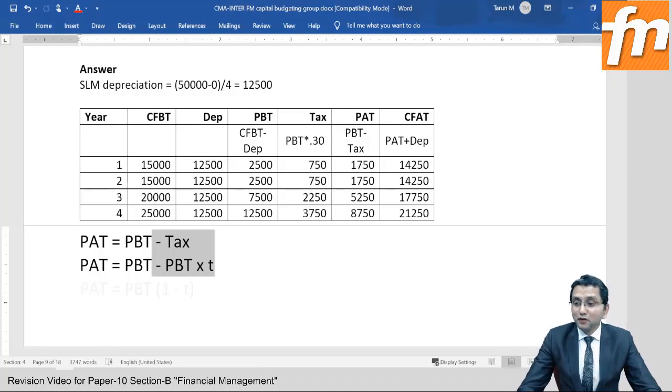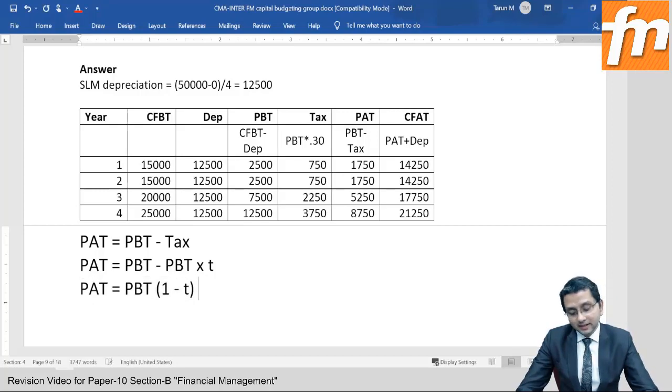I take profit before tax and multiply it by the tax rate. Now look here, PBT minus PBT into tax rate. If PBT is taken out common, you have got a formula: PAT is equal to PBT into 1 minus tax rate.